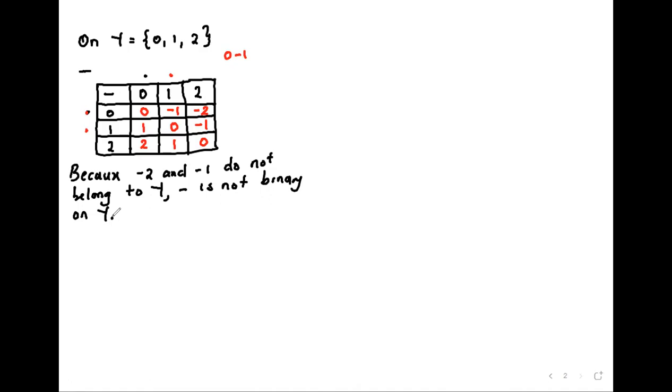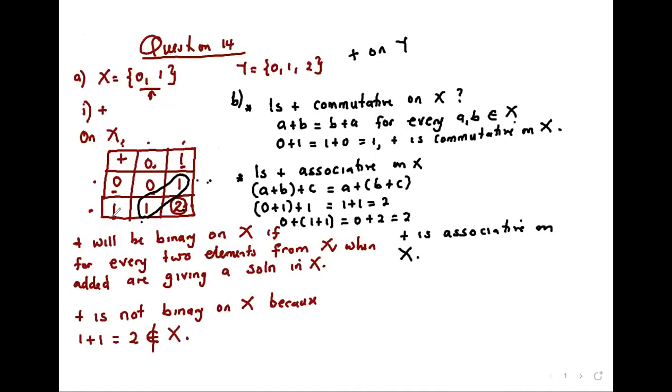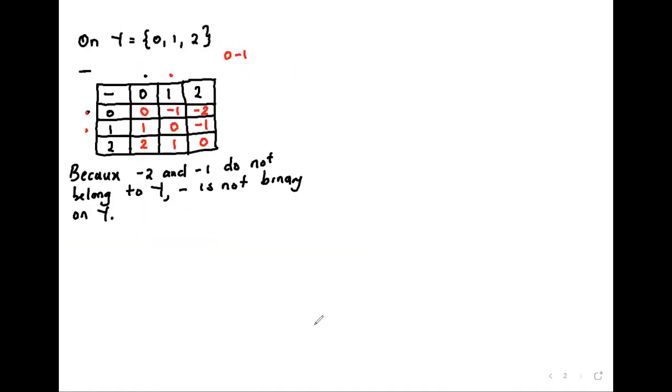Okay. Is it commutative? Well, we still go on and check if it's commutative, even if it's not binary. As you could see in the first one, it was not binary, but we went on to check if it was commutative, and it ended up being commutative. So now we check, is minus commutative on Y?